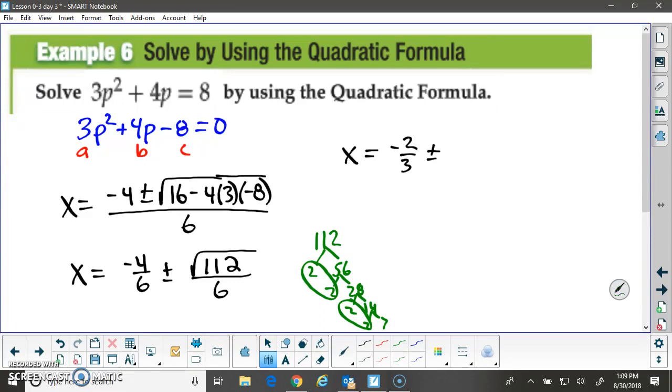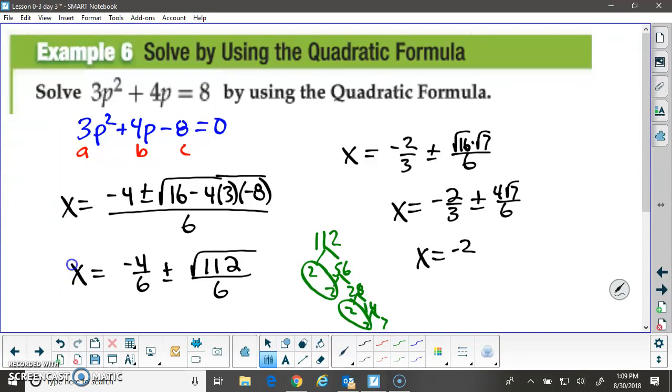So I'm going to break that apart into the square root of 16 times the square root of 7 divided by 6. So my final answer becomes negative 2/3 plus or minus 4 square root of 7 over 6. Well, that 4 over 6, I can reduce that, so always simplify when possible. So there's your answer using the quadratic formula.